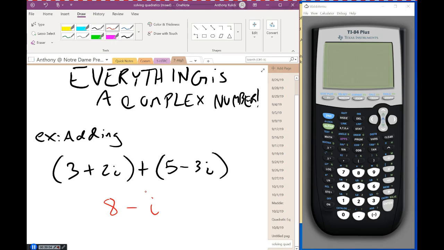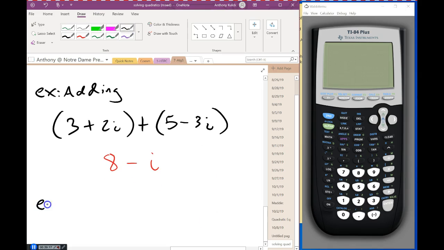I combined like terms. That's all we're doing. Best case scenario. Works exactly as hopefully you would hope it would work, right? So just 3 plus 5, 2i minus 3i.